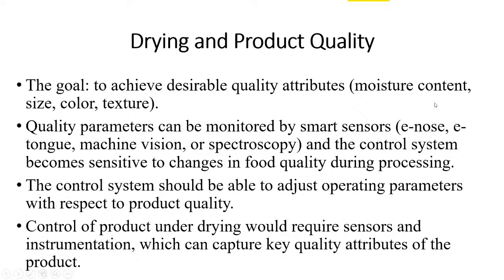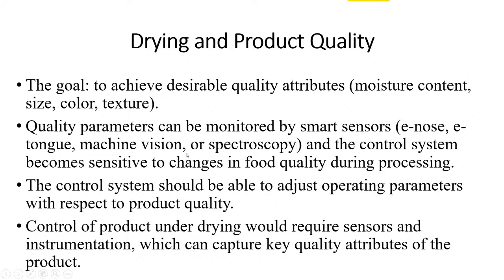So we can sense the change in the chemicals during processing using eNose. And for the appearance, such as size, color, texture, we can use machine vision to help us. And also we can use spectroscopy to estimate the chemical quality attributes of the product.